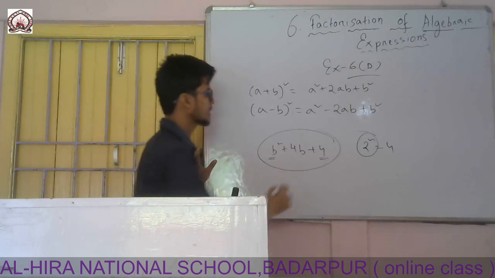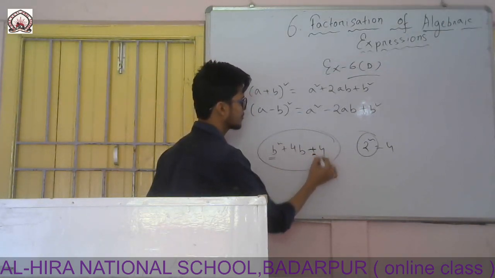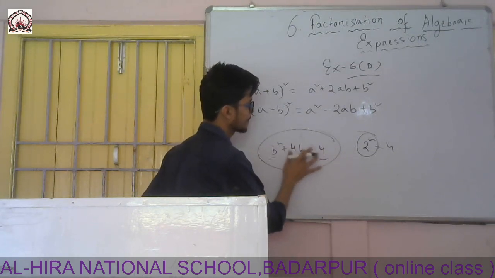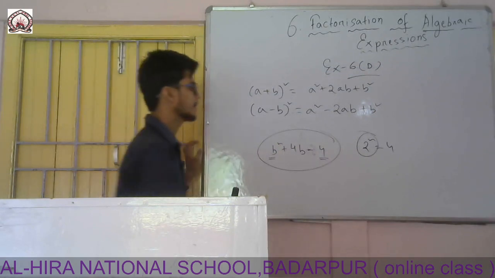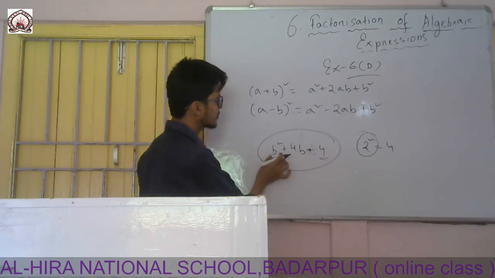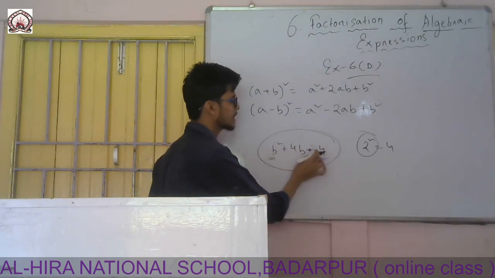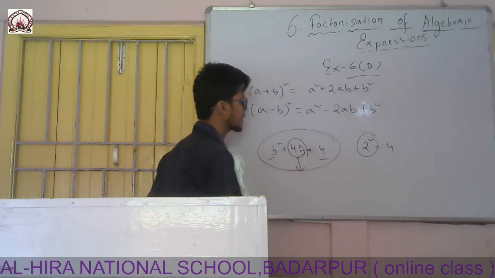Next I will check whether this sign is plus or not. If the sign is not plus, if it is minus, then directly I can say it is not a perfect trinomial square. But here it is plus, so it follows this rule also. So first I will check the first term, then the third term, then the sign, and if all these match, then I will check the middle term.